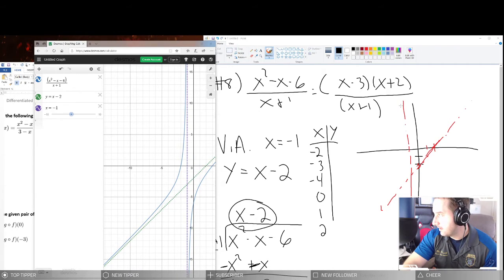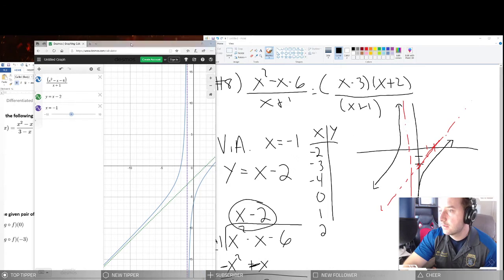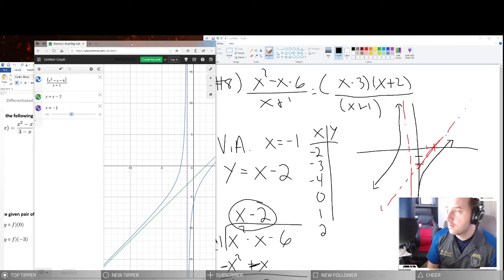So the graph will end up being like on this side and on this side. But you just have to plug those into the calculator and plot the points. And I'm assuming we know how to do that.